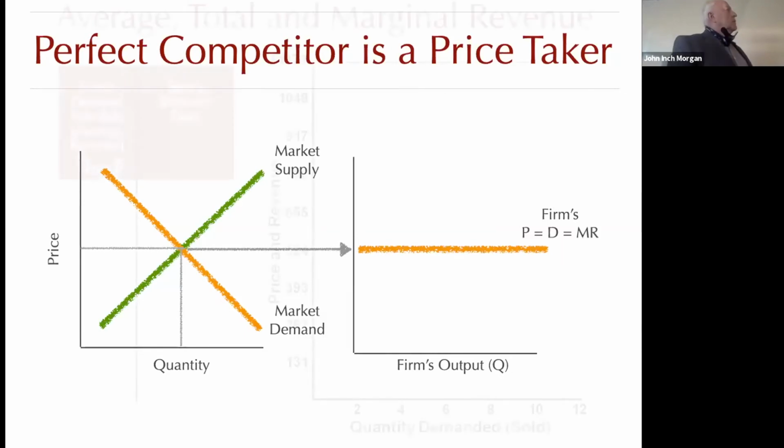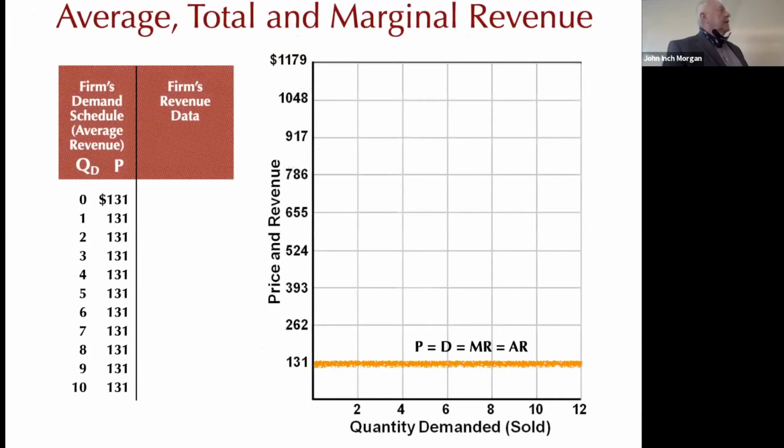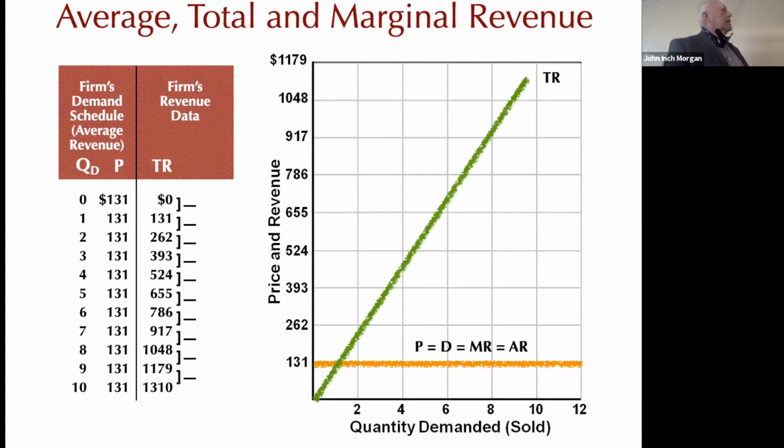So in this case, if we're looking at the individual firm, we know that our price and demand is going to be equal to our marginal revenue. It's going to be equal to our average revenue as well. And our firm's revenue is going to go up by the same amount no matter what. So in this case, we have $131 being our income coming in for every unit that we sell.